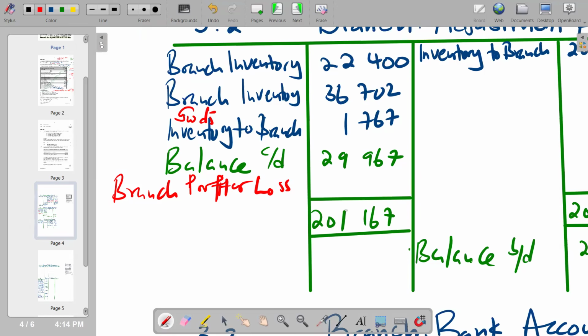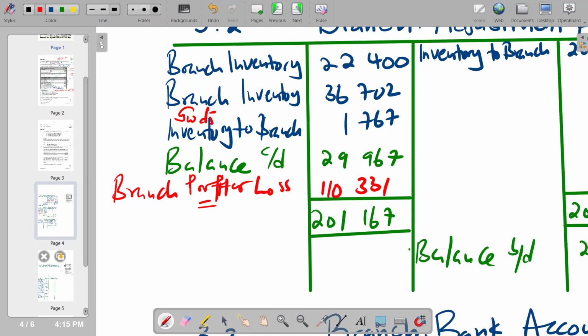So if you say 201,167 minus all what we have on the debit side, we have a balancing figure of 110,331. This amount is supposed to be posted to the branch profit or loss. So we have debited the branch adjustment, and the corresponding entry is crediting branch profit or loss with 110,331.